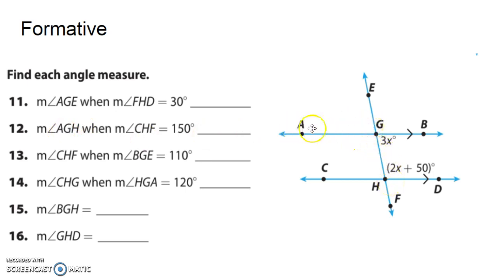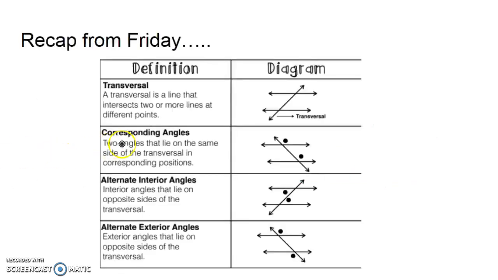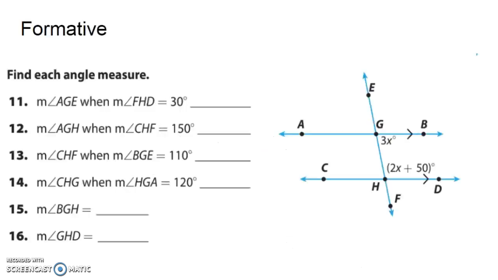They want to know what this angle is when CHF is 150. Well, if CHF is 150, this angle is corresponding to this angle. Remember? Corresponding angles? So therefore, it is 150.